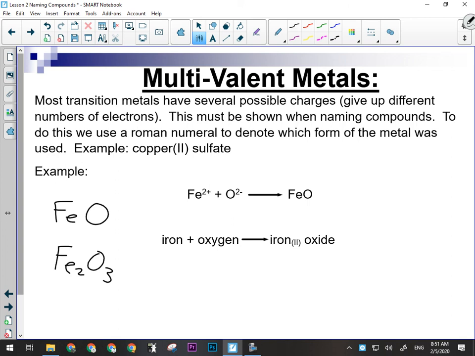So as a result, when it bonds to oxygen, it could bond as it does in the first case or in the second case. Those 2 compounds have very different physical and chemical properties because obviously they're different chemicals. But if I'm just naming them according to the rules we just learned, they would both be called what? Iron with oxygen would be iron oxide.